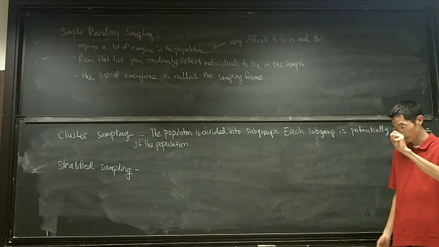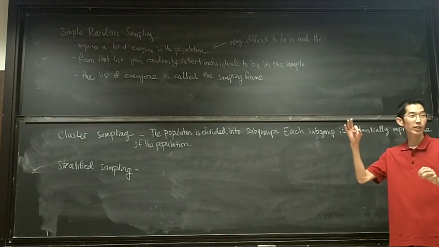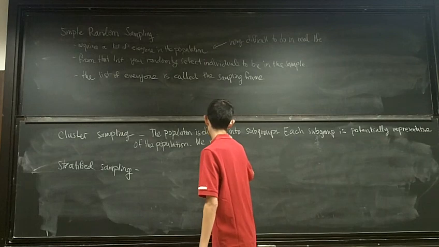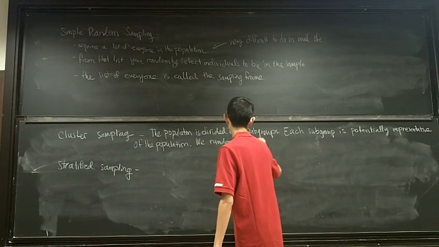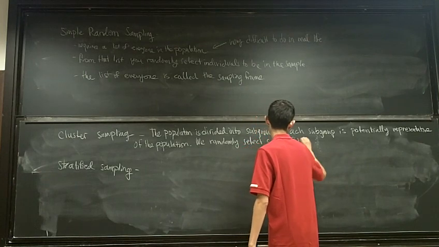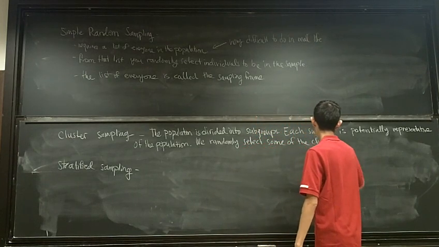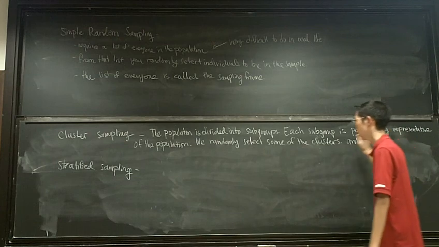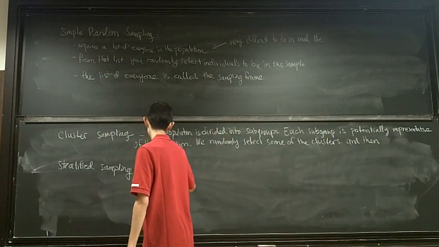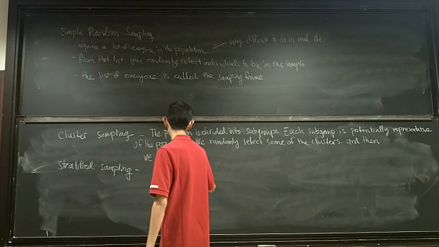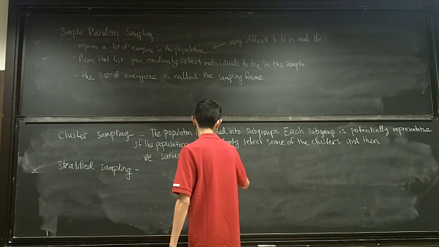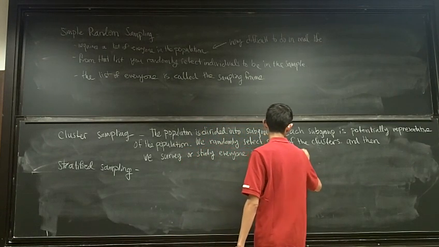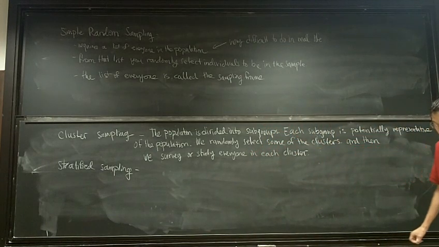We randomly select some of the clusters, and then we survey or study everyone within each cluster. The subgroups are clusters in this one.